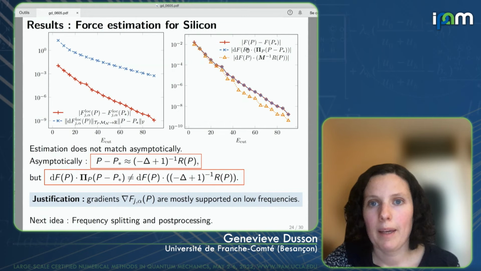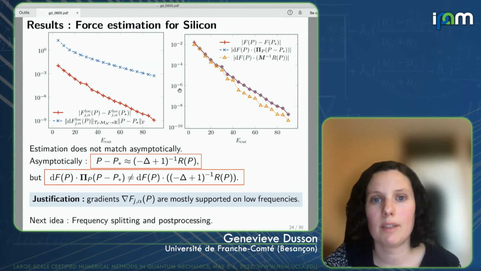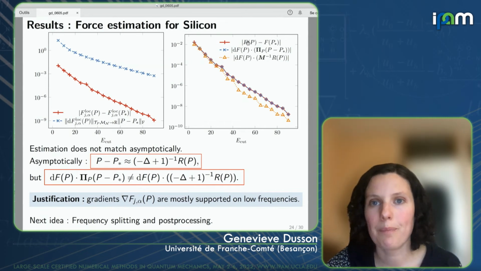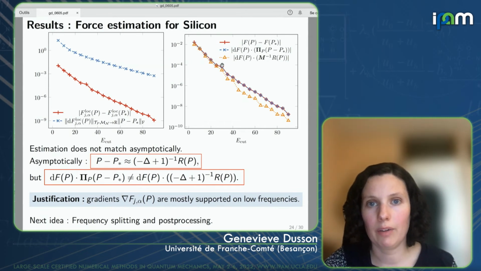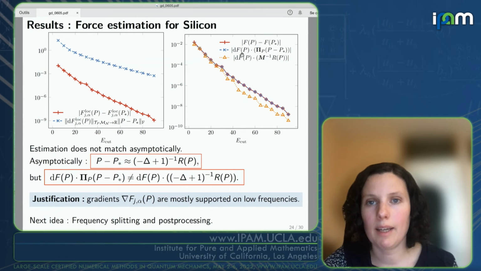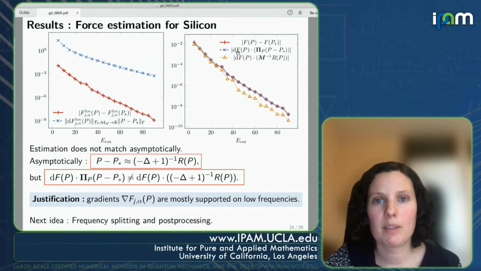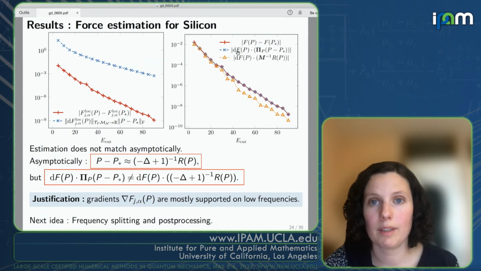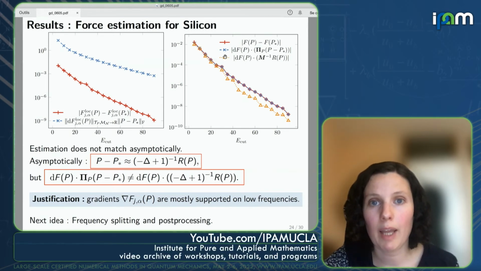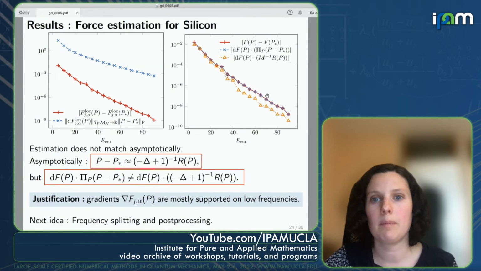On the right, we tried not taking out this operator norm and see what we have. In red, we have the error on the force, and in blue the approximation at first order of this error, and the two quantities match pretty well.